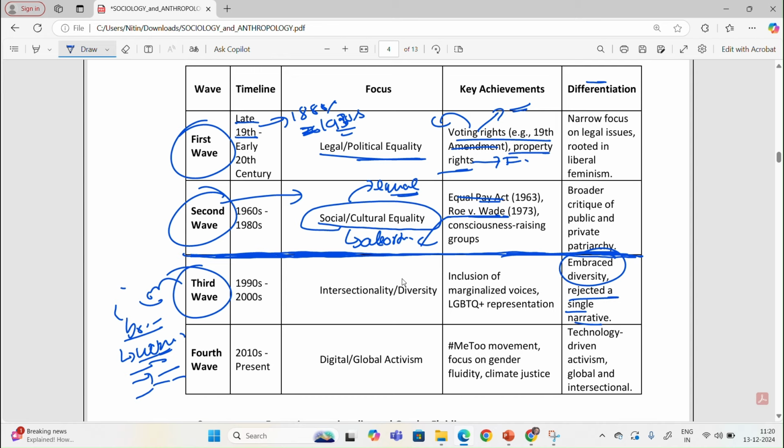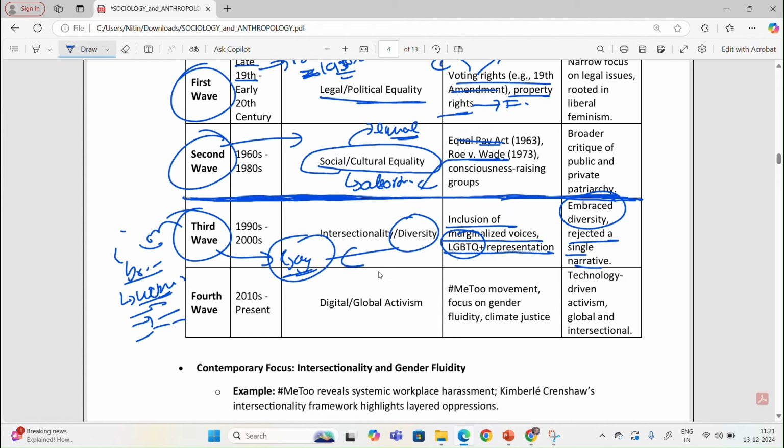It focused on diversity, and this also coincided with the initial gender movement, so the gay rights movement. So inclusion of marginalized voices and LGBTQ plus representation. So initial third wave coincided with the initial LGBTQ plus representation and movements as well.